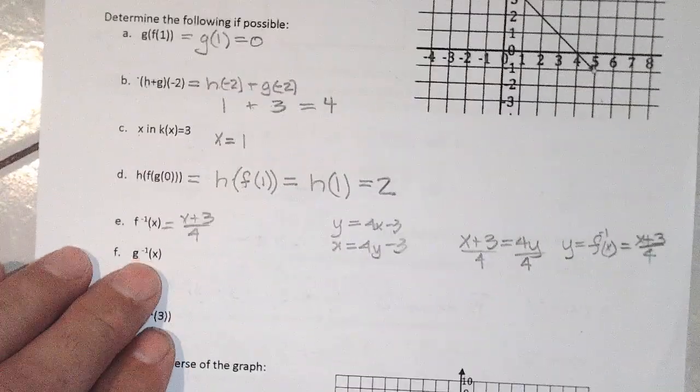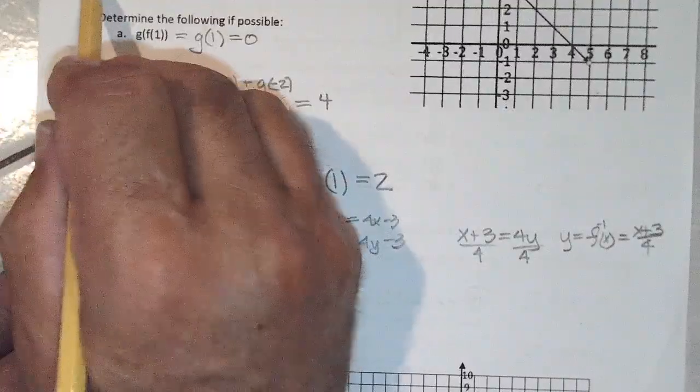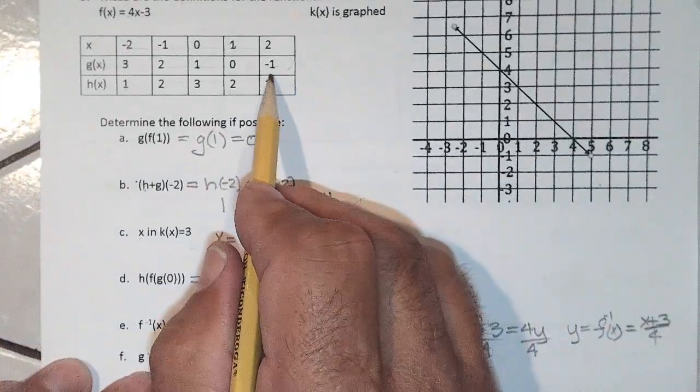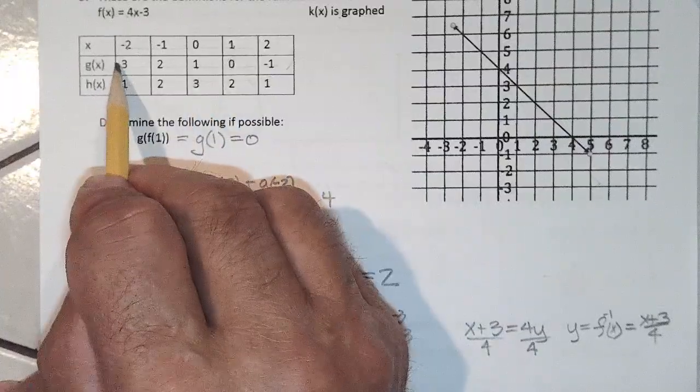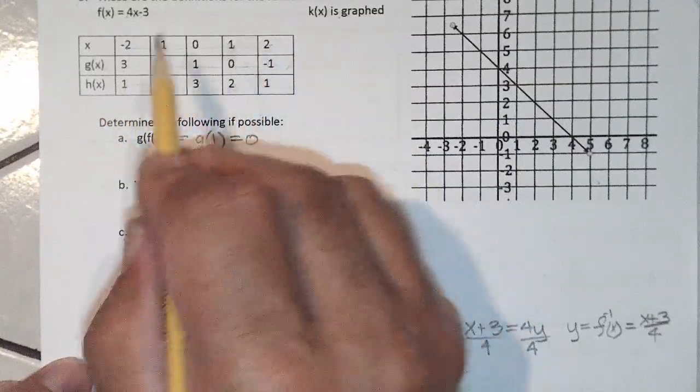g inverse, since g is a table, it's just going to be changing the roles of g and the x that went into it.